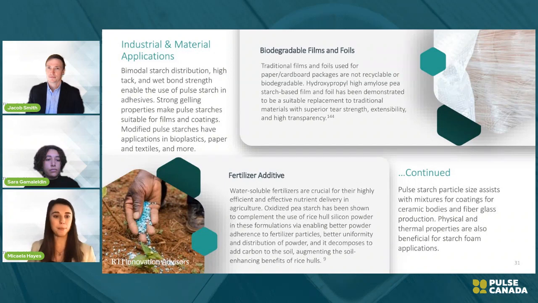The strong gelling capabilities, as we've mentioned multiple times, made pulse starches suitable for various films and coatings. And the particle size was particularly found to be advantageous for several coatings in very niche industries of ceramic bodies and exhaust systems, as well as glass fiber production.